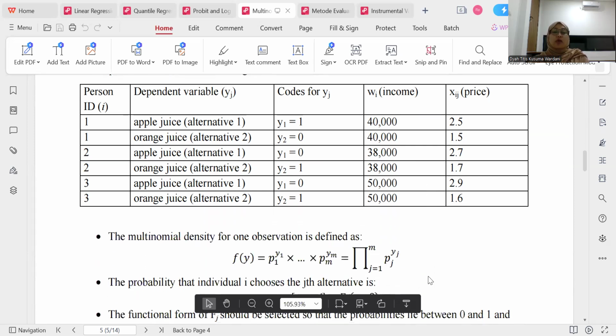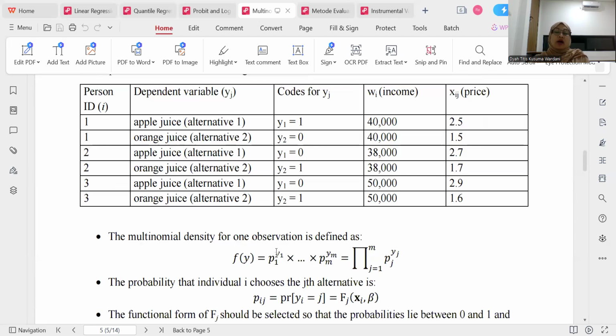The multinomial density for one observation is defined as f(y) equal to p1 superscript y1 times and so on times pm superscript ym, which equals the product from j equal to 1 to m of pj superscript yj.